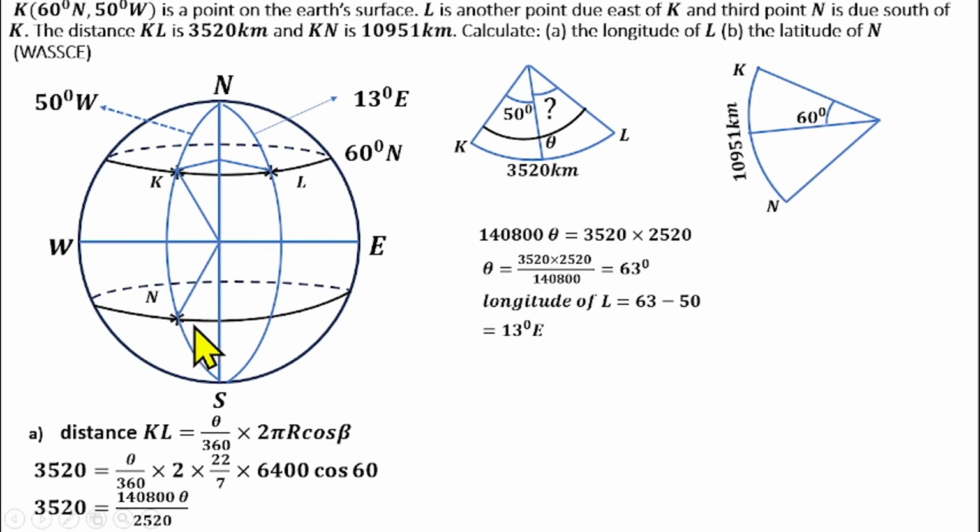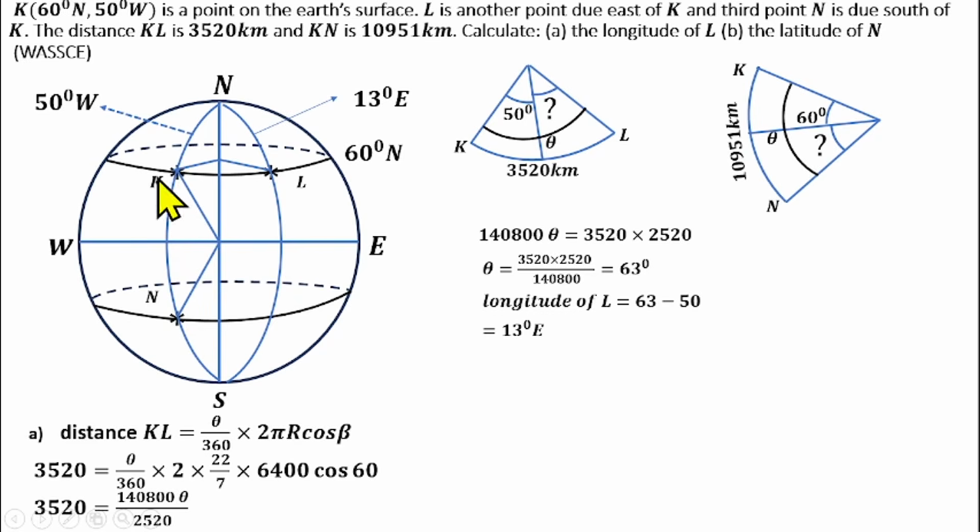That's what we are looking for, the latitude of N. But if we can find the whole angular distance between K and N, which is theta, the whole angle here, then we'll be able to know the latitude of N, which is the angle here. So we have to find the distance between K and N along that longitude they have in common, which is a great circle.